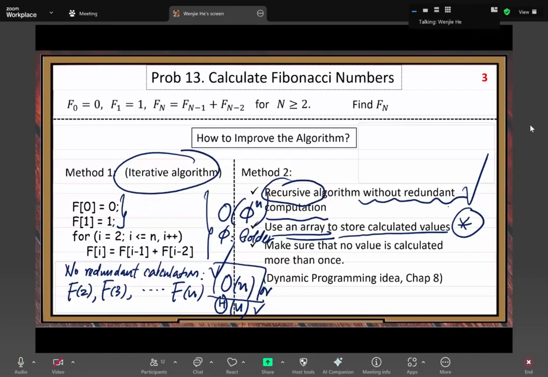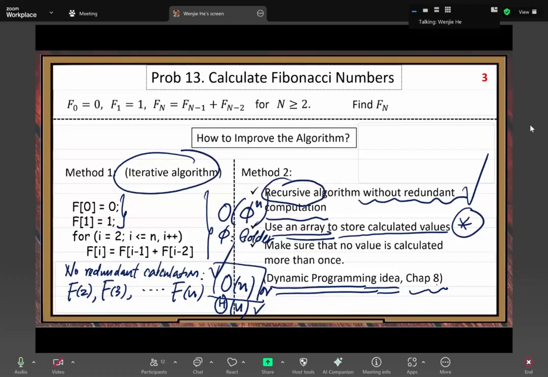This big idea has a title: dynamic programming. It's a big, important idea in algorithms. It's a topic in chapter 8, very late in our textbook. Actually, dynamic programming is a graduate level topic, not an undergraduate level topic.